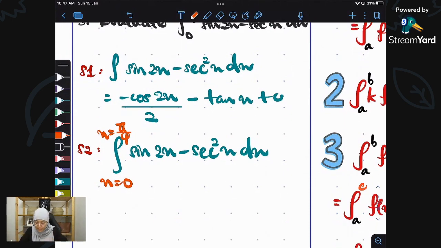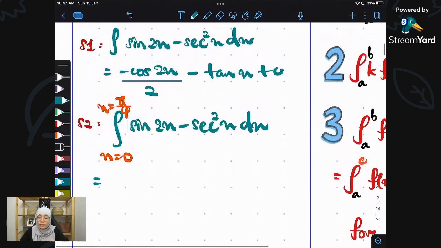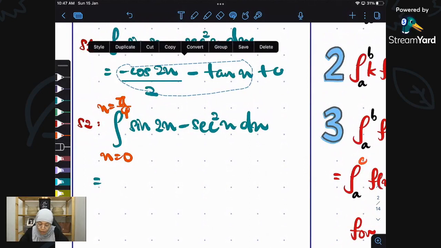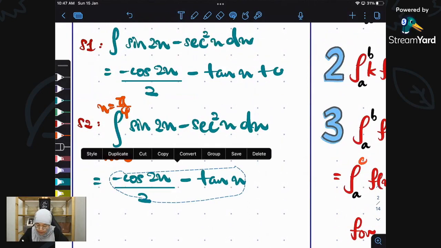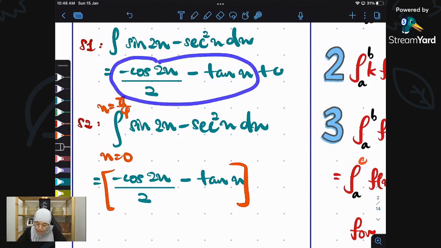We write down the limit at the second step. And then we don't have to integrate it anymore because we already integrated in our first step. Betul tak? Kita sudah pun integrate di step yang pertama. So tak perlu lagi integrate lagi sekali. Kita hanya pakai sahaja jawapan kita di sini dan kita letaklah di step yang kedua.